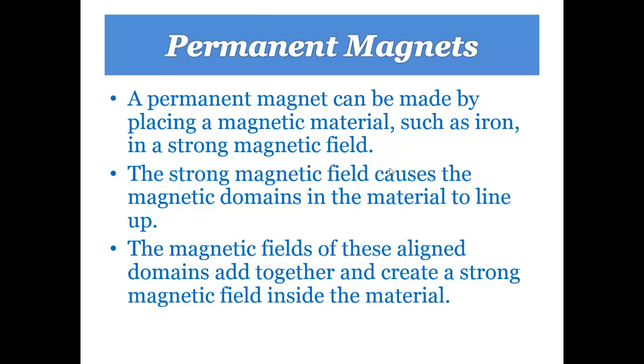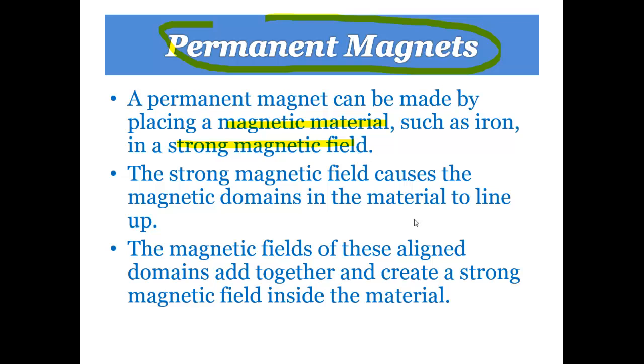A permanent magnet can be made by placing a magnetic material in a strong magnetic field. So if you want to actually make a magnet, you place some kind of material like iron in a strong magnetic field. Something that has those electrons with the capability of becoming a magnet.